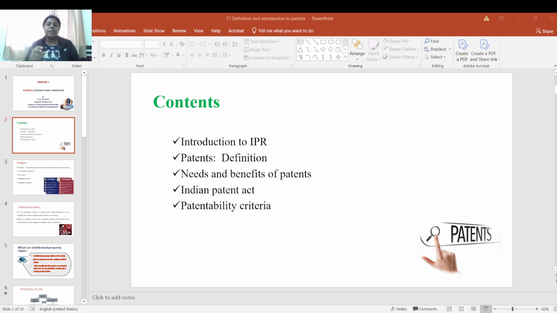We shall see deeply the things which come under section 3. First of all, the frivolous or contrary to natural laws. Inventions which are frivolous or which claim something obviously contrary to the natural laws, that type of invention cannot be patented. It comes under section 3a. Here I am representing the sections.